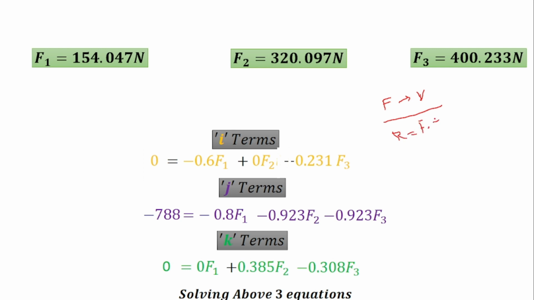It is given three forces, F1, F2 and F3, and do the summation of similar terms, i terms together plus j terms and at the end k terms. So this is a simple formula to find the resultant for the concurrent system.